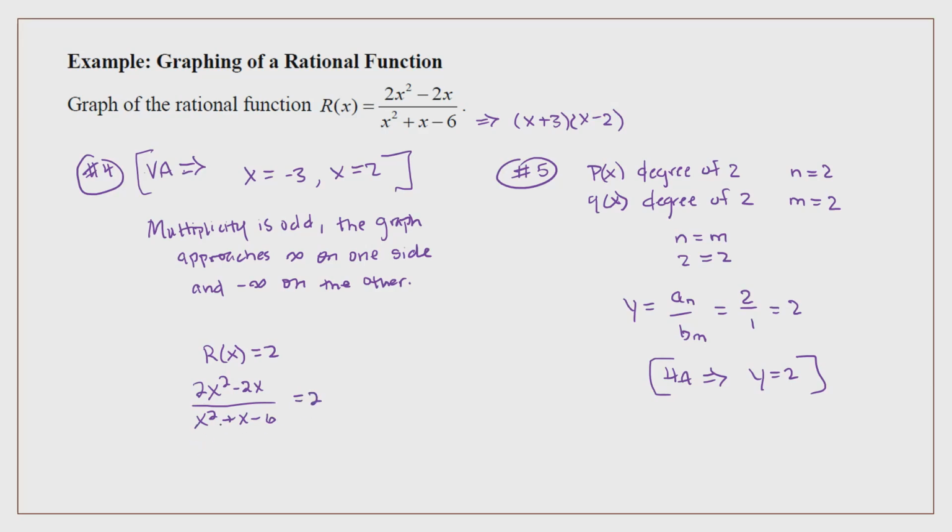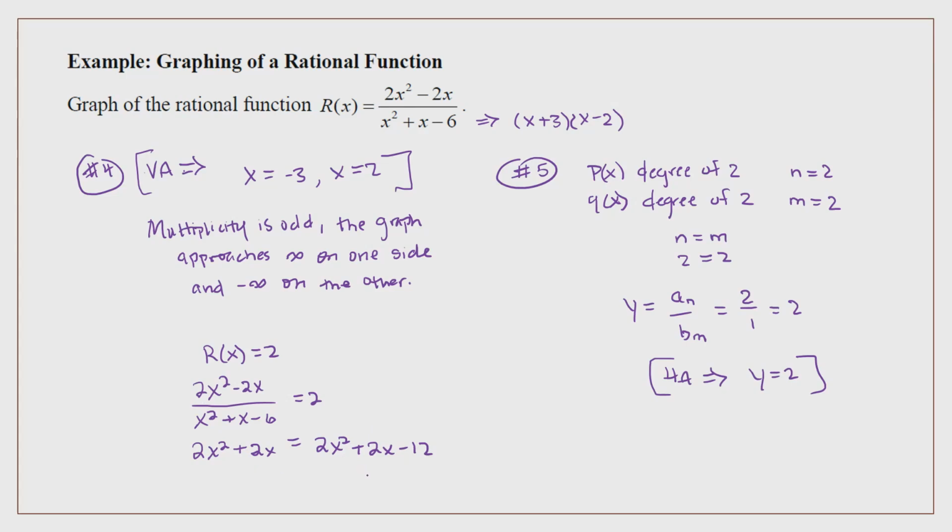So we'll multiply both sides by x squared plus x minus 6, that's in the denominator. So I would have 2x squared plus 2x minus 12. Now I want to get all of the values that have an x on one side. So I'll subtract the 2x squared to the other side, so that cancels. I'll subtract the 2x to the other side, and that will also cancel.